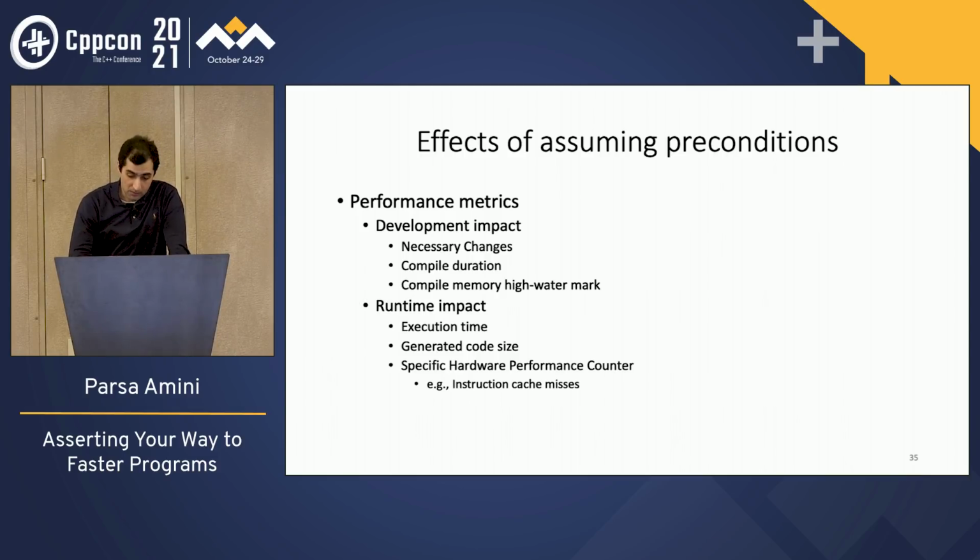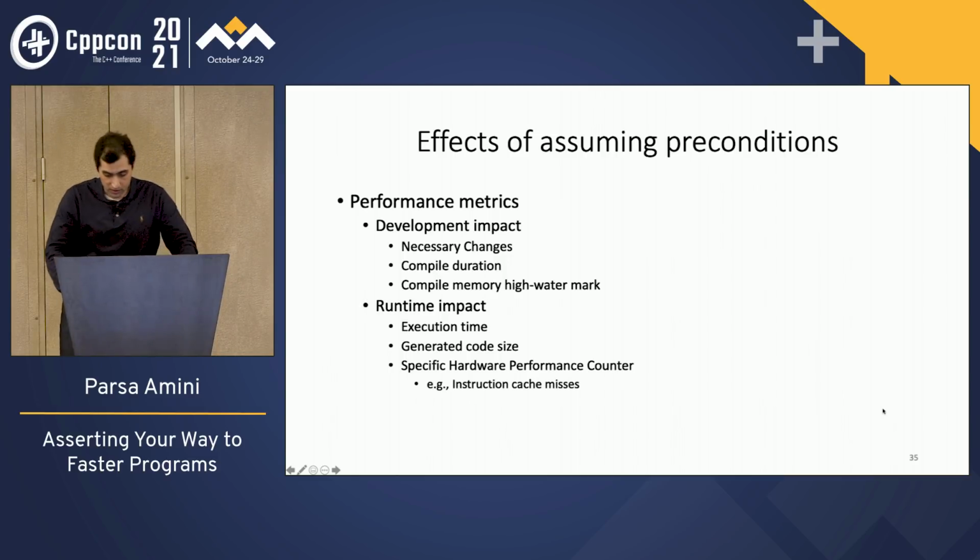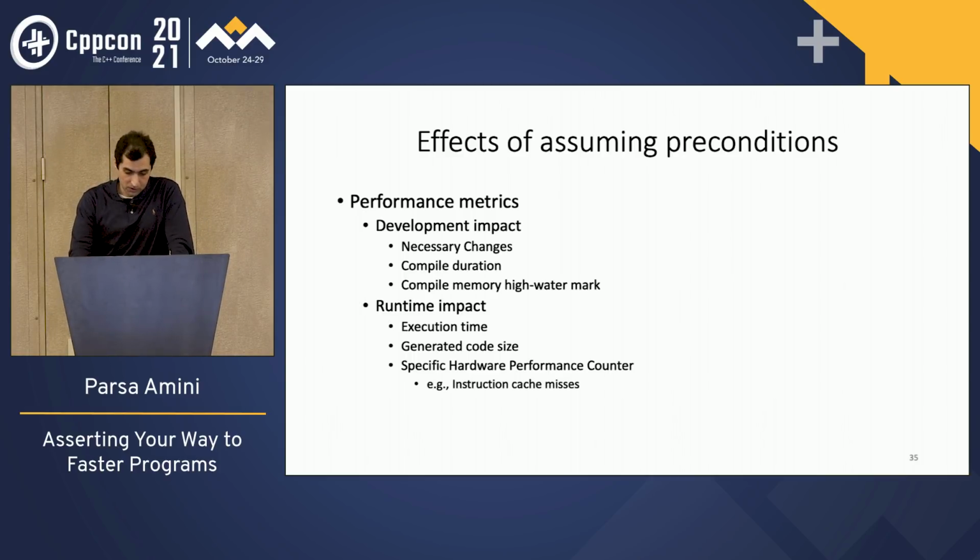To assess the runtime impact, we need to see if the runtime changes for some program between ignored and assumed contract checking semantics. And we can additionally also check hardware performance counters if we could find a discrepancy. And lastly, we could compare the generated code sizes to see how assumptions can impact your code.